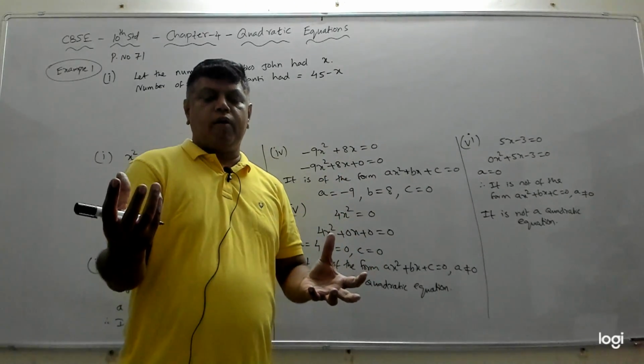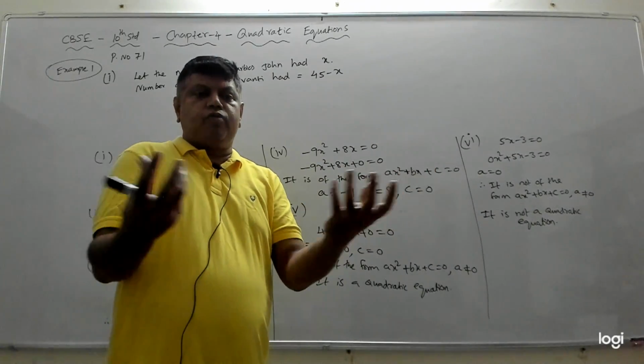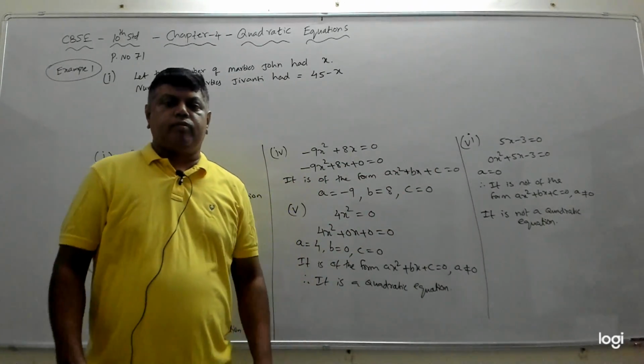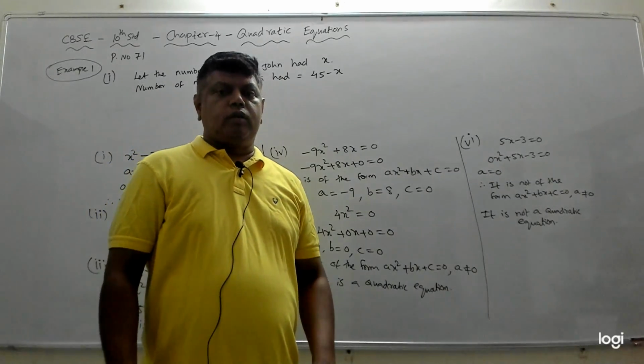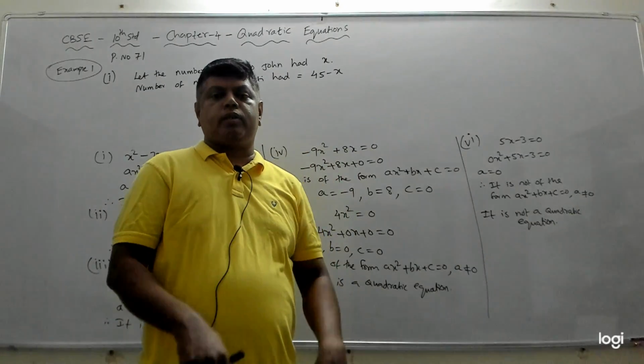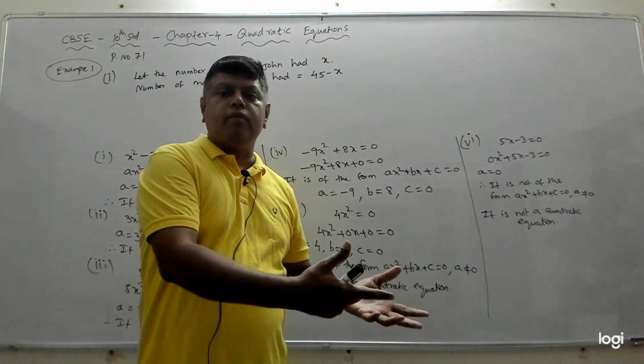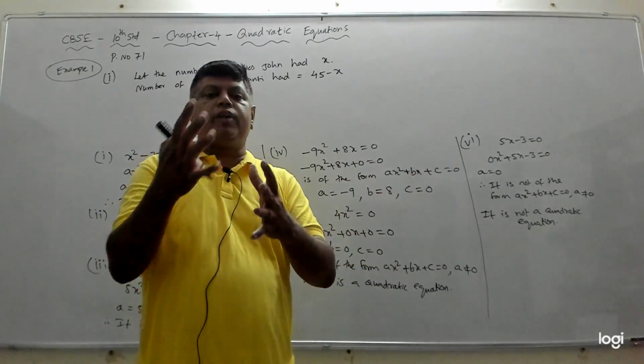Because if you have 20 rupees and if the total is 45, your friend should have 25. So that if you add, you'll get 45. Or suppose if together both of you have 45 rupees. If you have 15 rupees, then your friend will have 30 rupees. Because 30 plus 15 gives you 45.